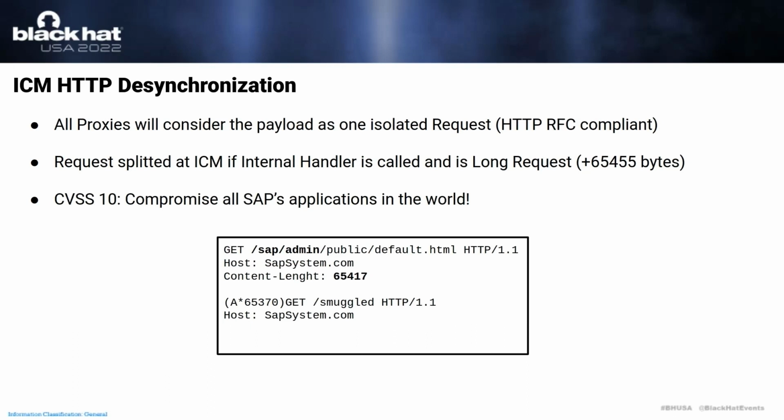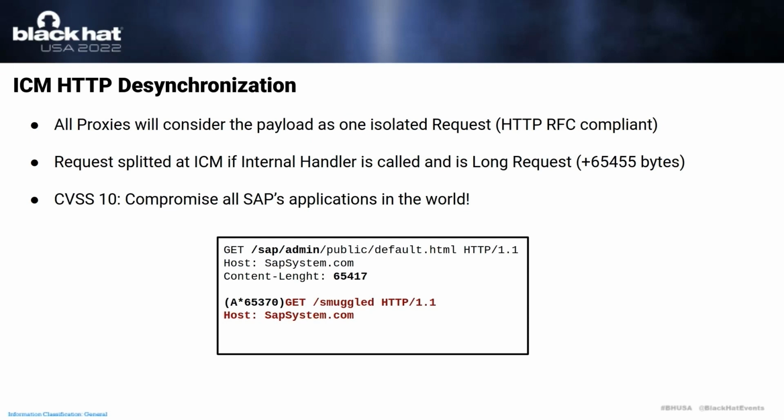So any proxy that sees this request will think that this is an isolated HTTP message, because it's a GET request to a normal URL, and it contains a body of 65,417 bytes, which includes the entire body, and that is also the GET smuggle request. When this reaches the ICM, it will actually split this, and it will consider that the last part of the body is a new request.